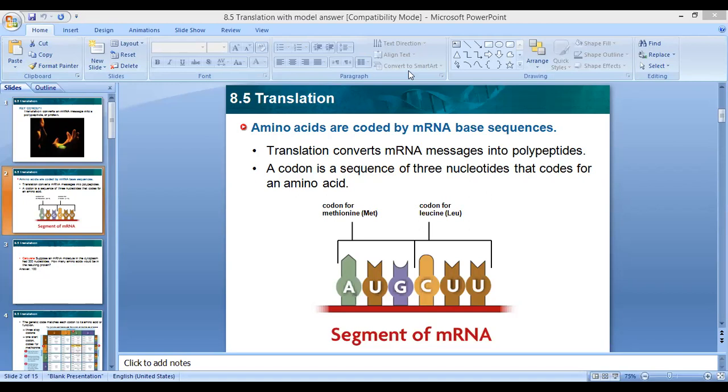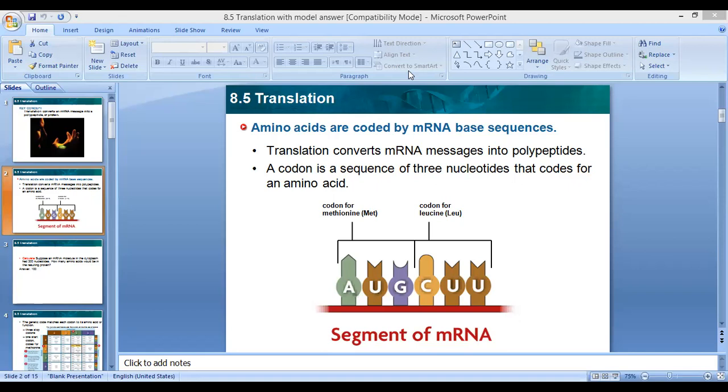Think about it in this way: the nucleotide is the letter and the word is the codon. In the language, different words with different numbers of letters are made. But in the genetic language, each 3 nucleotides make a codon, like making a word, and this codon codes for an amino acid.